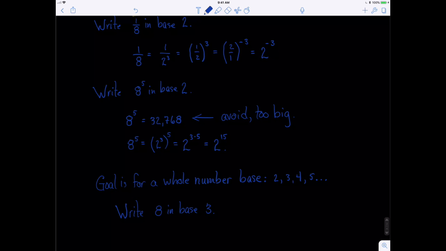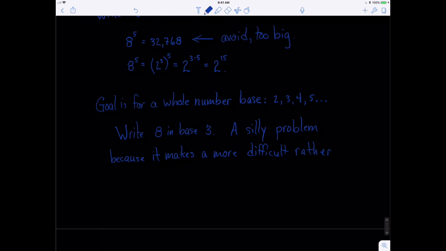So this is kind of a silly problem, because it makes a more difficult problem rather than a simple result.